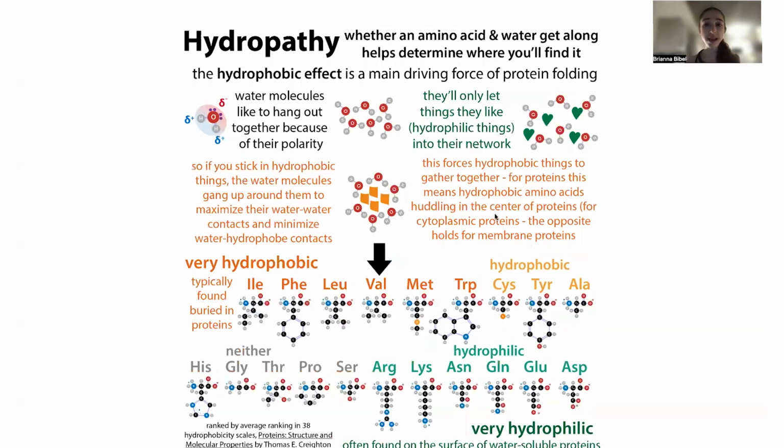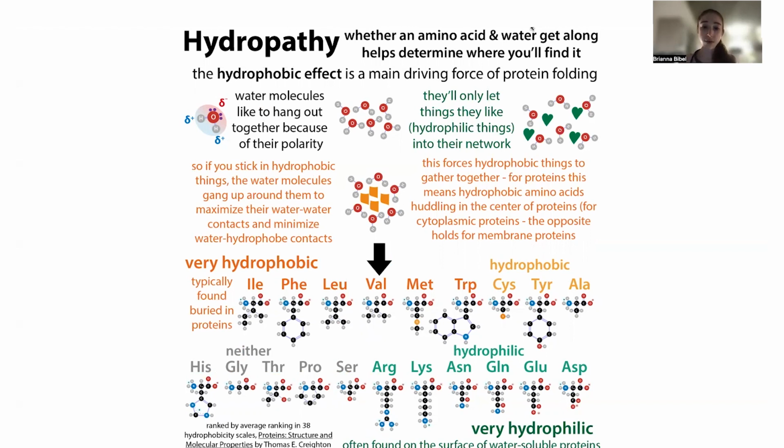This comes into play in a lot of places in biochemistry, but especially when we're talking about protein folding, because some of the amino acids are hydrophobic and some of them are hydrophilic. Now, if you think about what this means in terms of the consequences for a protein, if something is hydrophobic, it's going to be on the inside of a protein typically, and if something is hydrophilic, it's going to be on the outside of a protein.